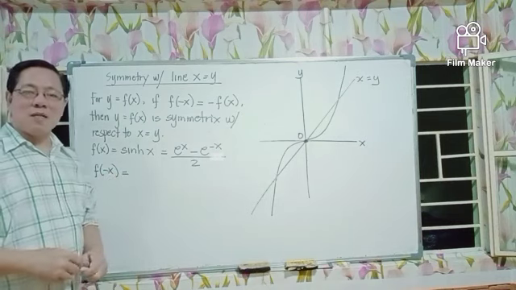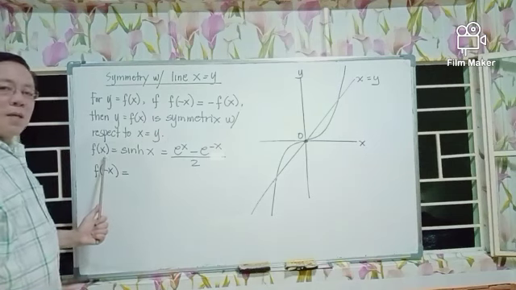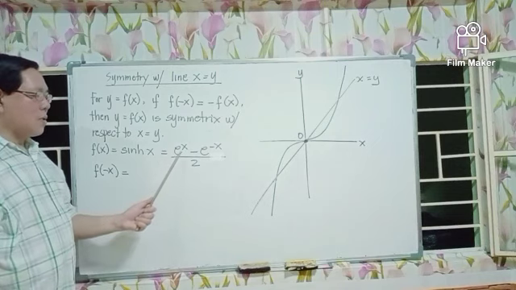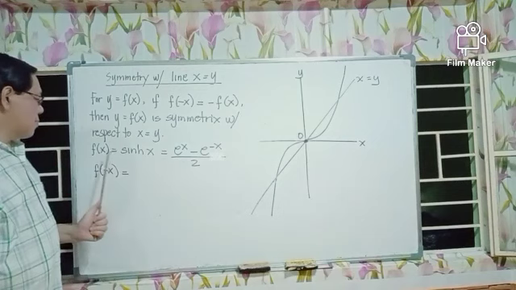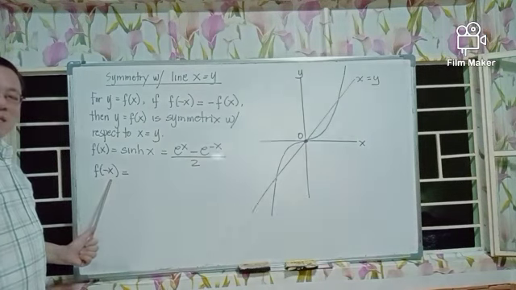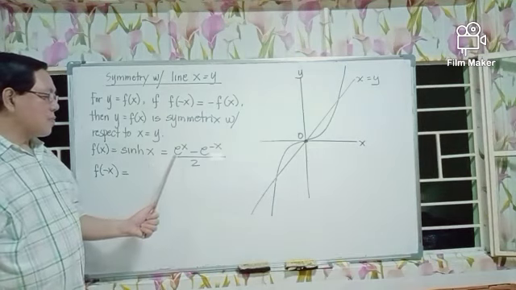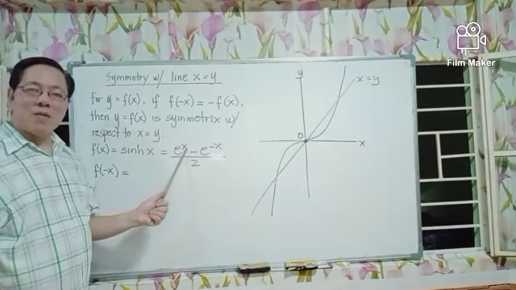f of minus x is obtained by replacing every x in f of x equals e to the x minus e to the minus x all over 2. We replace x with minus x, we get f of minus x, and this is equal to this expression when x is replaced with minus x.